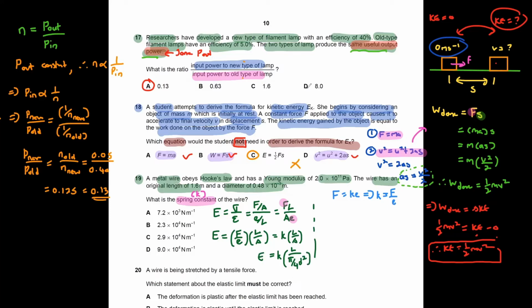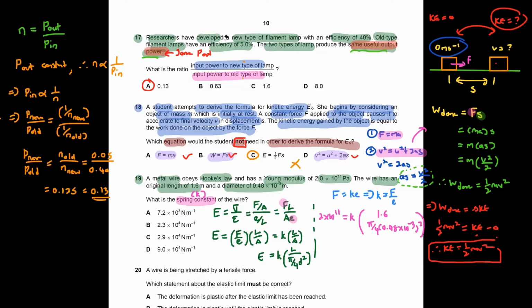So from here, you just sub in the values that you know. Your Young's modulus is 2 times 10 power 11. Your K is what you want to find. Your original length is 1.6. Then you have pi over 4 d squared. Your diameter is 0.48 times 10 power minus 3. Square that value.